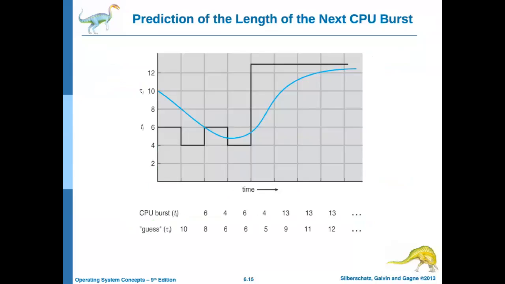This is kind of exponential averaging. Okay. So tau i is the guess, the predicted one, and T i is the actual.